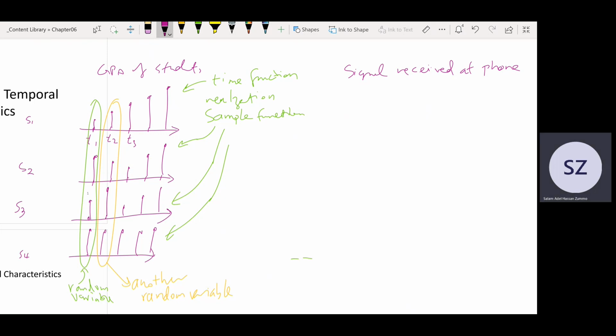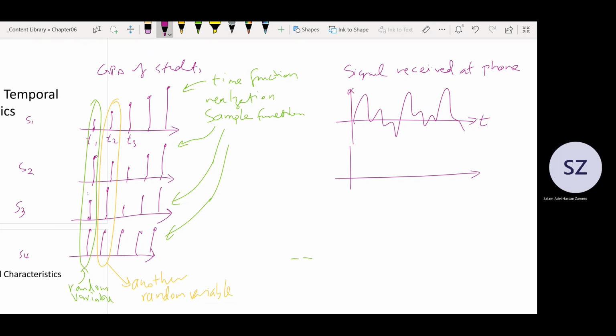It goes through different reflections. Depending on the location and the reflections, you receive a certain signal that goes up and down. If you look at the oscilloscope, you will get a signal that looks like this. Now, if you change your location and repeat the same experiment, looking at the received signal over the oscilloscope, you will get a signal with a different shape.